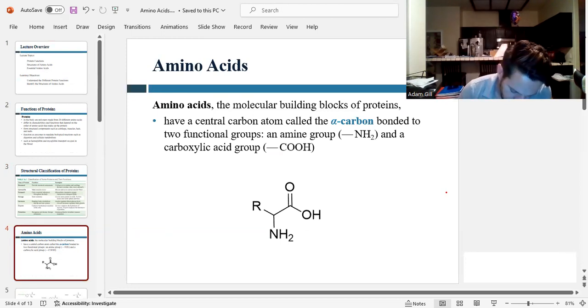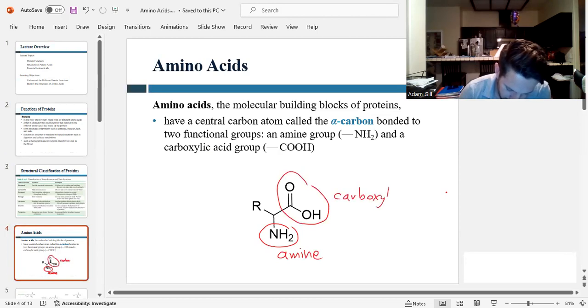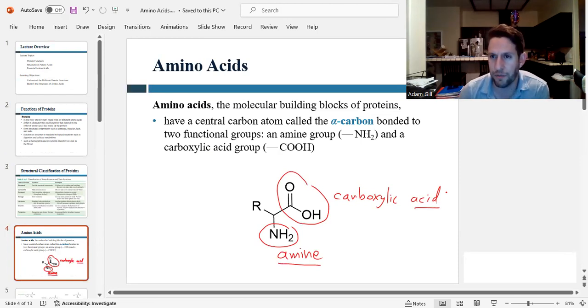And so if you look at an amino acid, it has an amine group, and then it has a carboxylic acid. And so that's why we call it an amino acid, because it has both an amine and an acid group in the same molecule. And then they also have what we call the side chain.